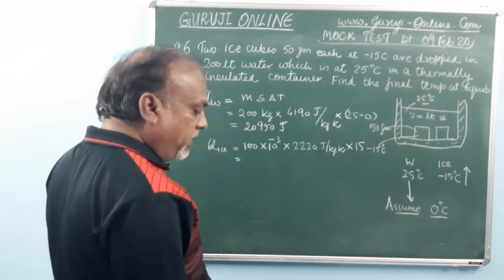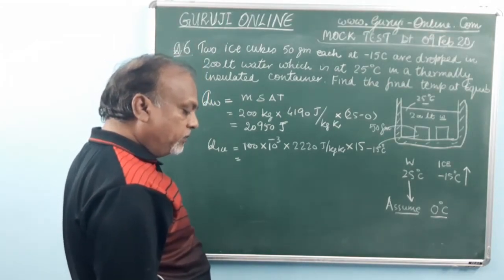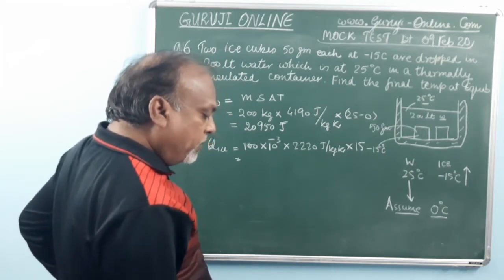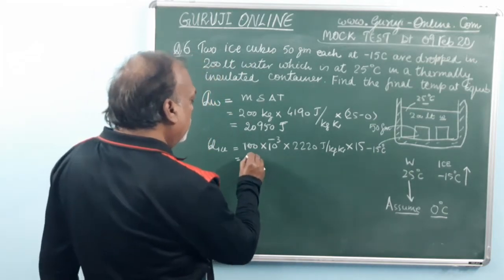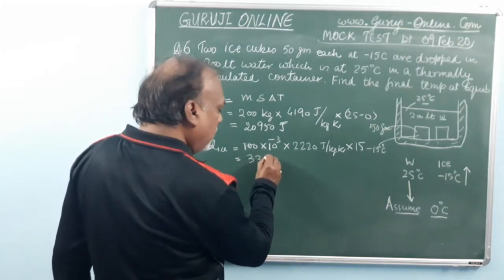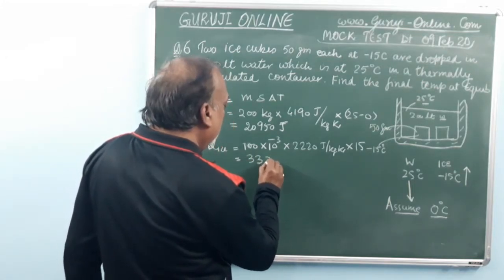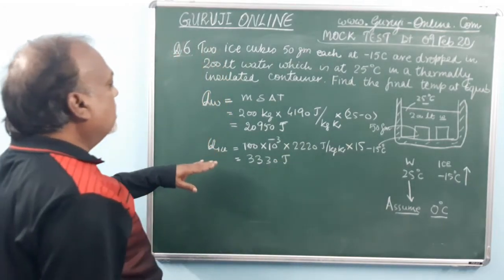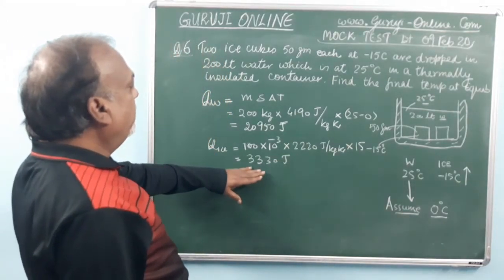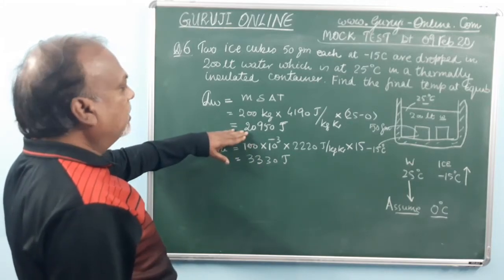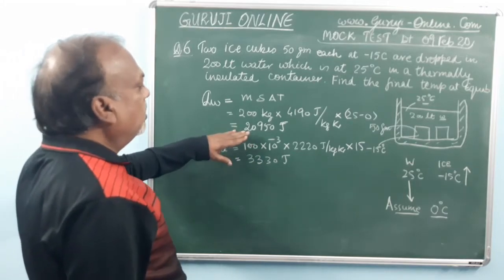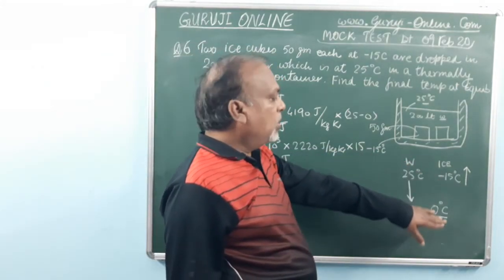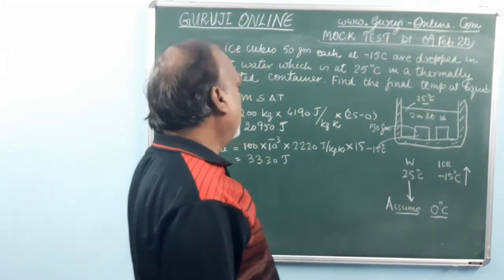So this is basically coming as 3330, means this much of heat energy will be utilized to get this ice from minus 15 degree to 0 degree.